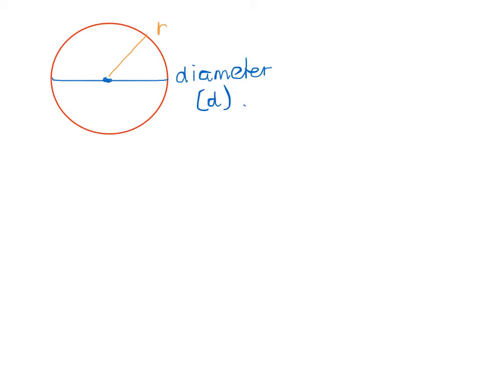We call it the radius of the circle, give its symbol little r. And one other parameter regarding the circle, and that is the distance around its curved edge, which we call the circumference, and we give it the symbol big C.